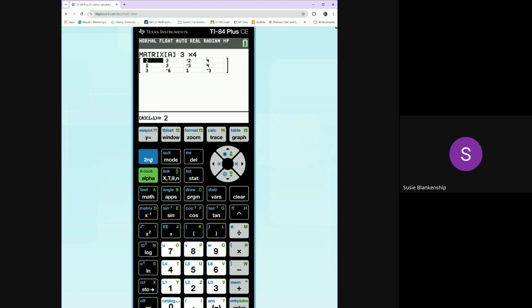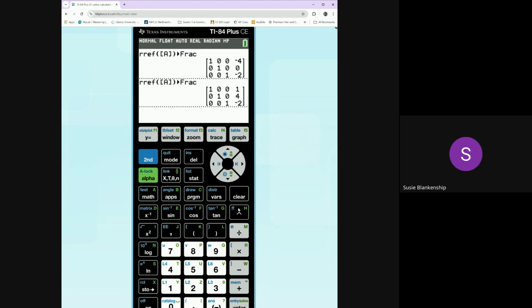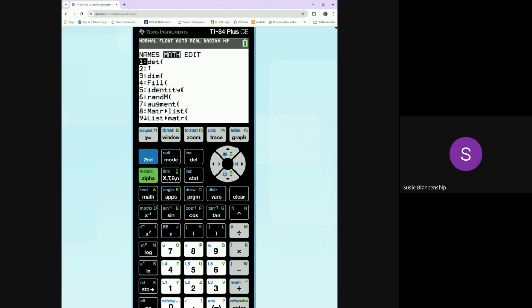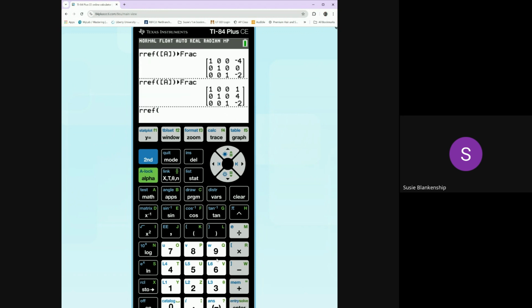So we're going to hit second, go to the home page, green. I'm just going to go second matrix, find it, go to B, enter.